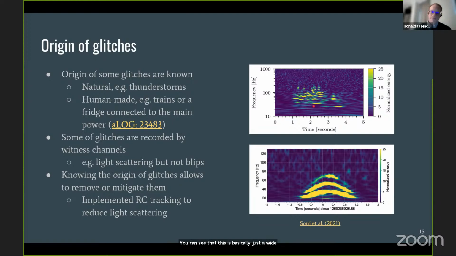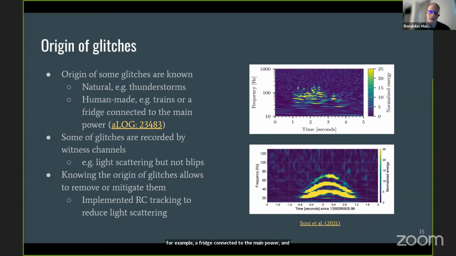And then there are some human-made ones. For example, there are trains driving past the Livingston detector in Louisiana, and that is causing some glitches, and some problems, of course. Or for example, really funny ones, like a fridge connected to the main power, and it can cause some glitches as well.